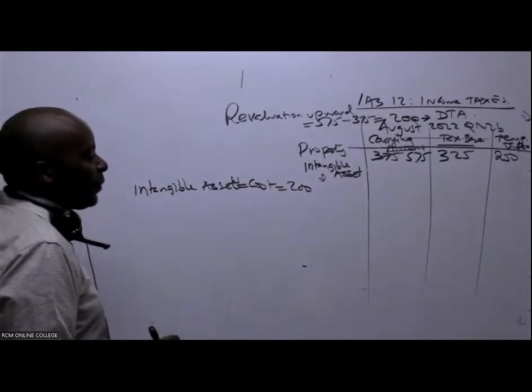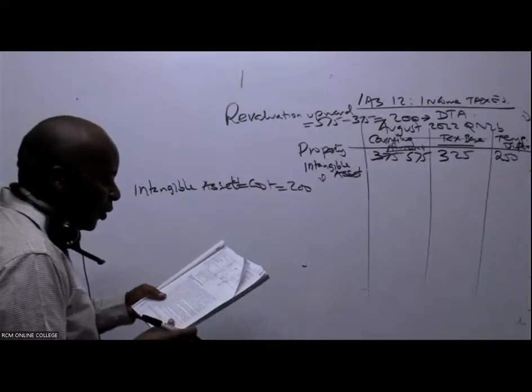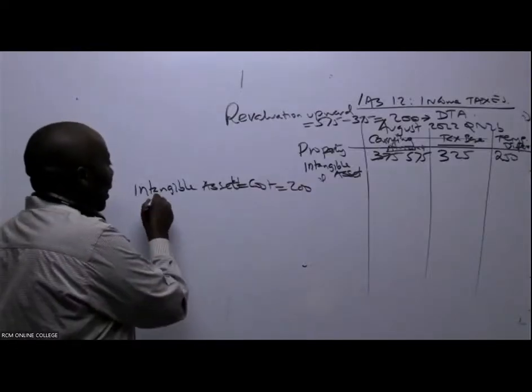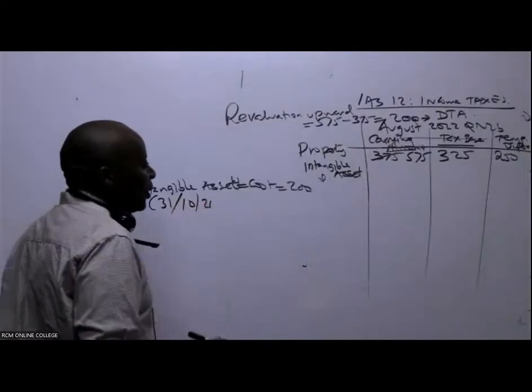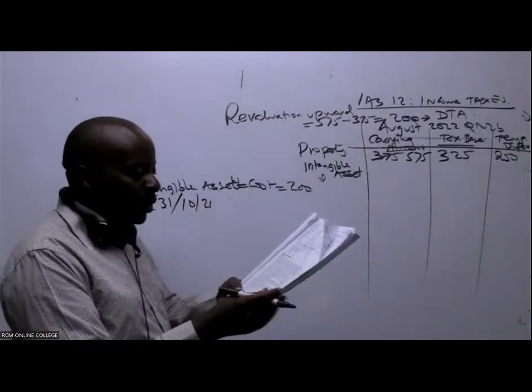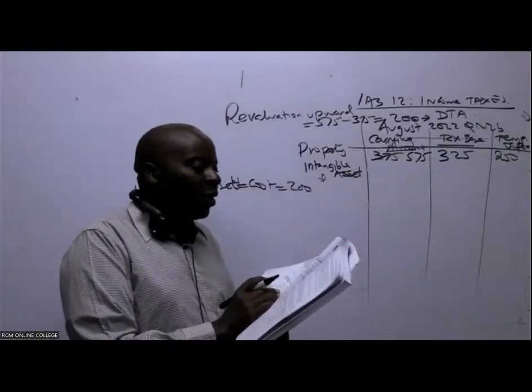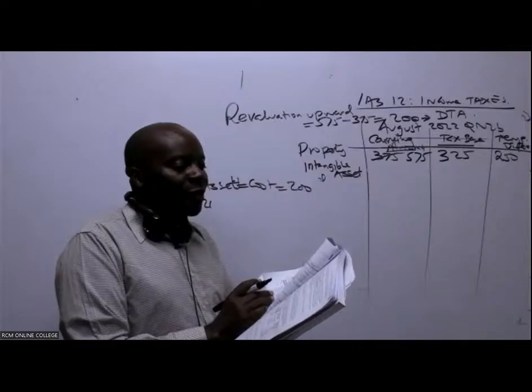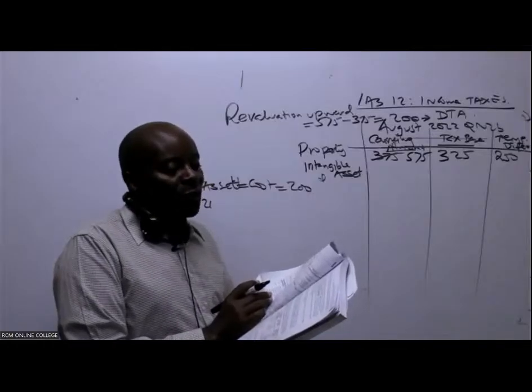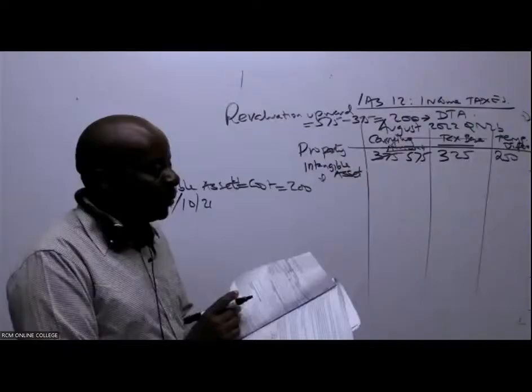And this cost, ladies and gentlemen, was incurred on 31st October 21. But you see, we are doing our accounts. If you read the requirement, they want us to compute the relevant temporary differences as at the end of its financial year, which is 30th April 2022.